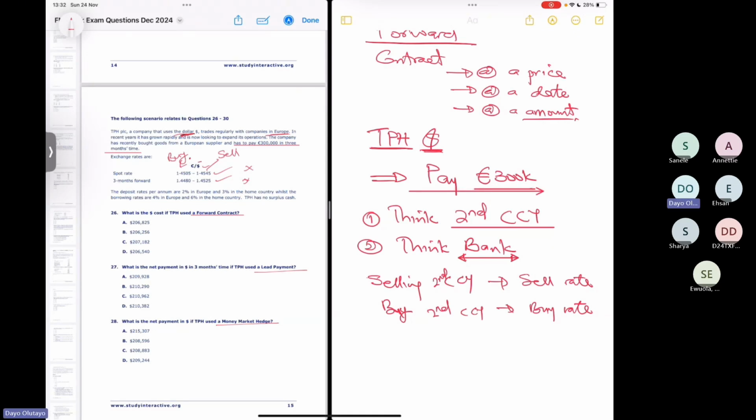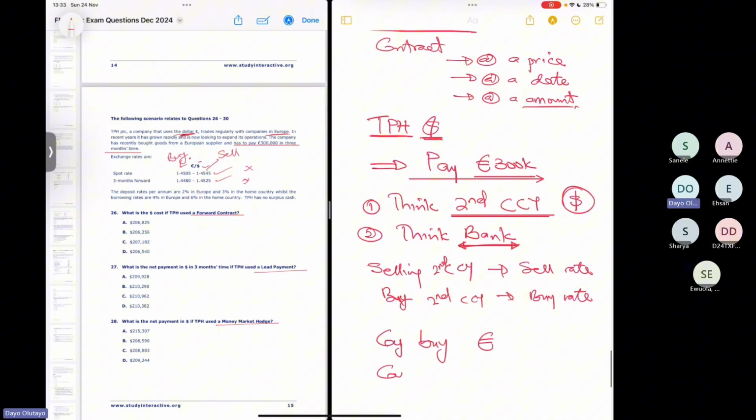Okay. So now, the company wants to pay this amount in the future. And I've said don't interpret the rate based on the company, only interpret based on the bank and the second currency. In this question, our second currency is dollar. So we need to interpret in dollars and not in euro. If the company wants to buy euro, it means the company will have to sell dollars.